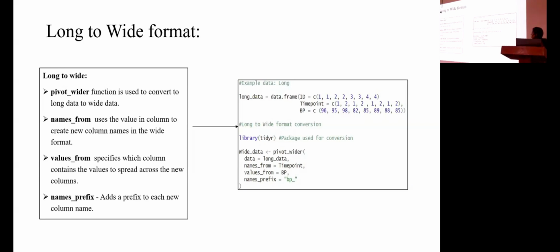Names from Time point, since time points 1 and 2 are what we are converting. And values from BP, where we have to take the values from the BP only. In the BP, prefix, in the front BP underscore, then the time will come. So we are just mentioning that.